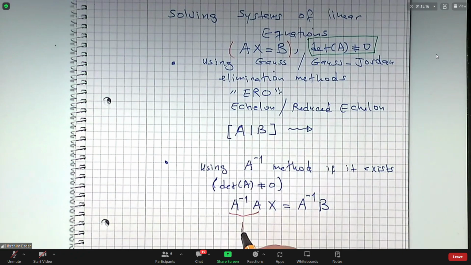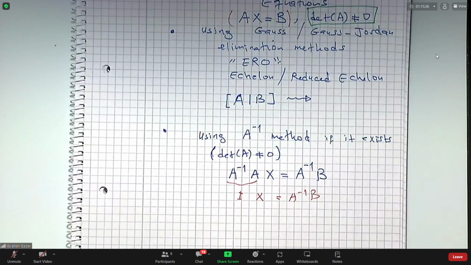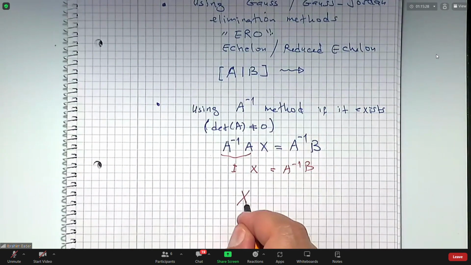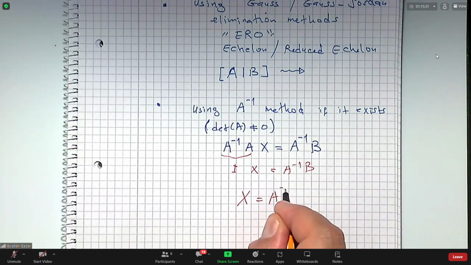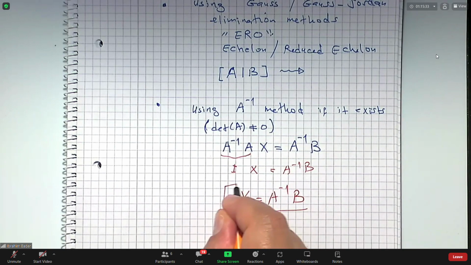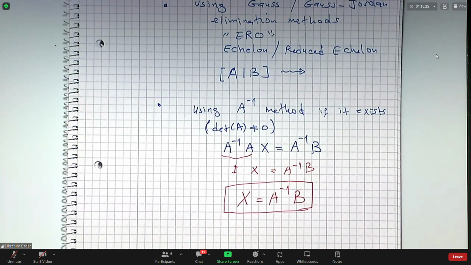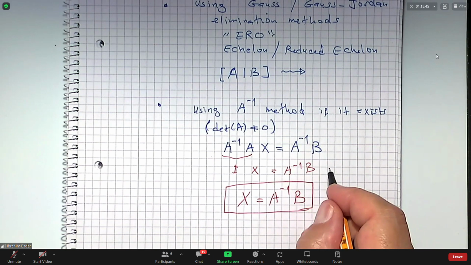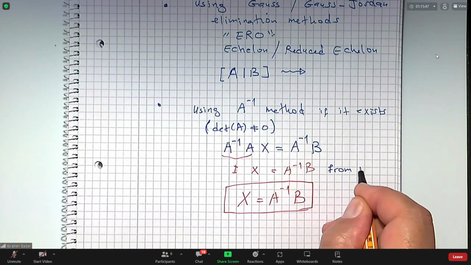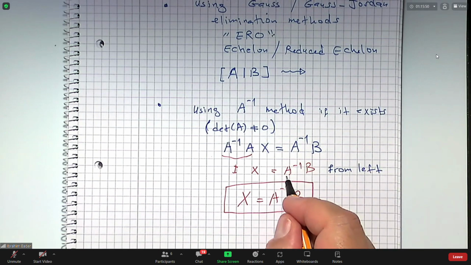This will result in I, which is the identity, and this will give me X, and the right side will give me A inverse B. That means the values of X, which is the solution, is just A inverse times B. So if I know the inverse matrix of the coefficients, I multiply it from the left.